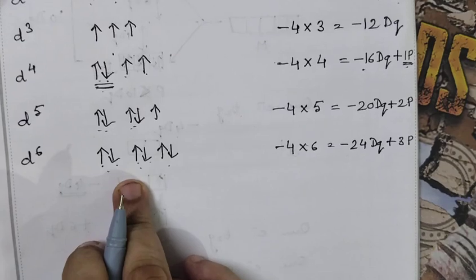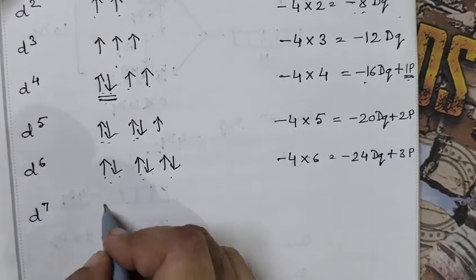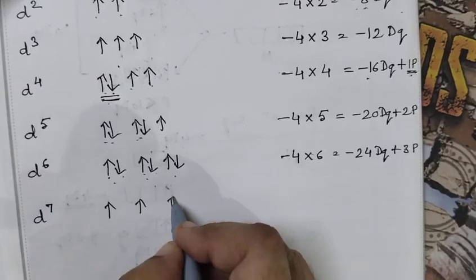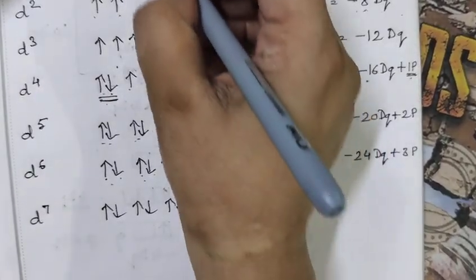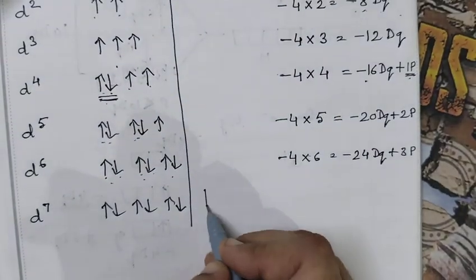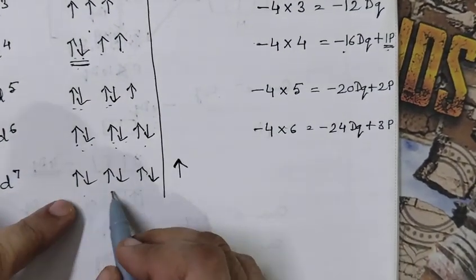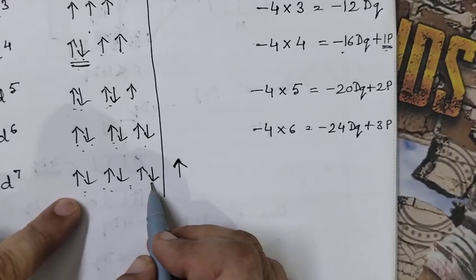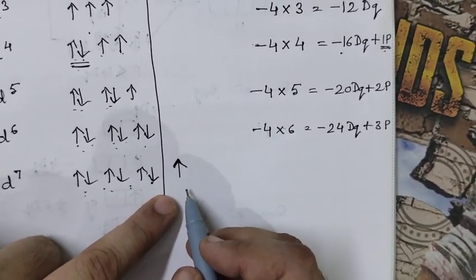Now T2G is completely filled. If we have 7 electrons, then 1, 2, 3, 4, 5, 6 will be in T2G, and the 7th will go in EG. For each of the T2G electrons we have minus 4 dq, and for EG we have plus 6 dq.